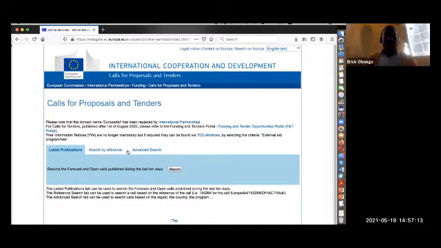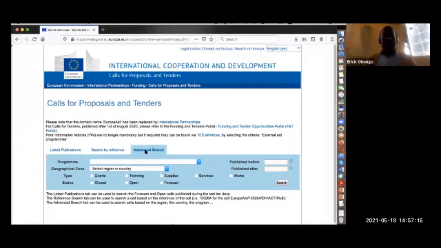But there's also the advanced search, whereby you can do the program area, the geographical zone. You can also type the type of the funding that you desire to seek, be it a grant, a training, a supplier service, or what.